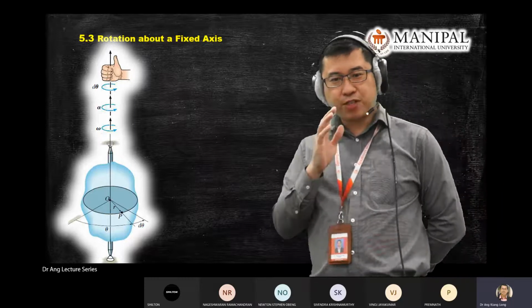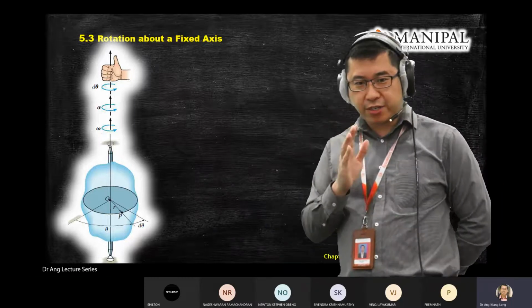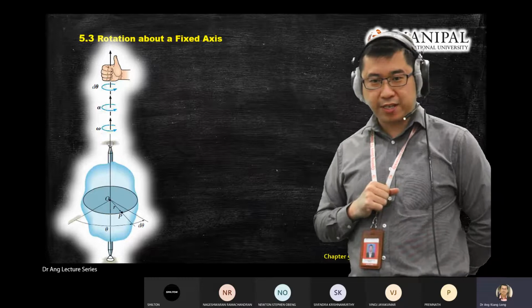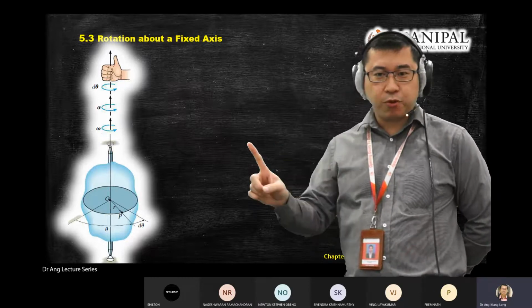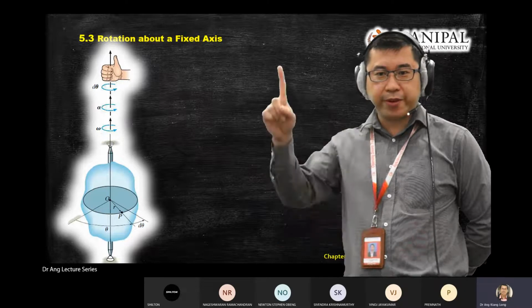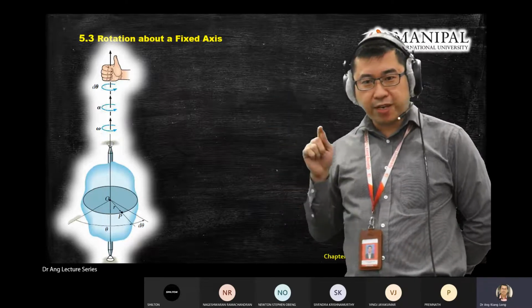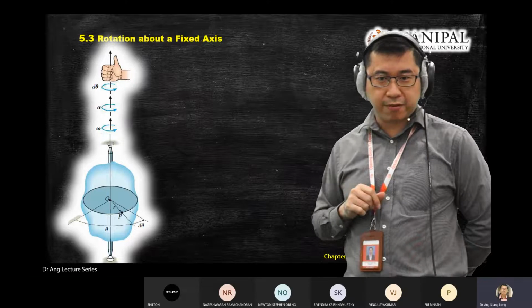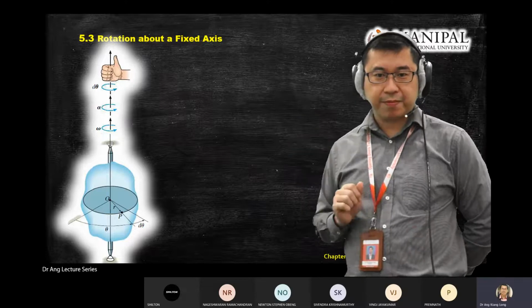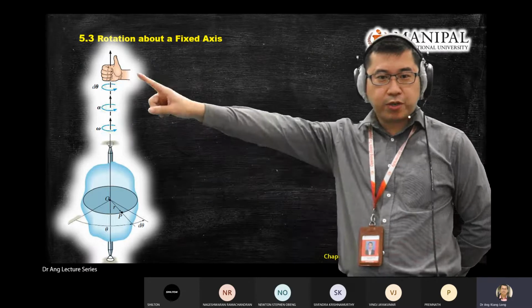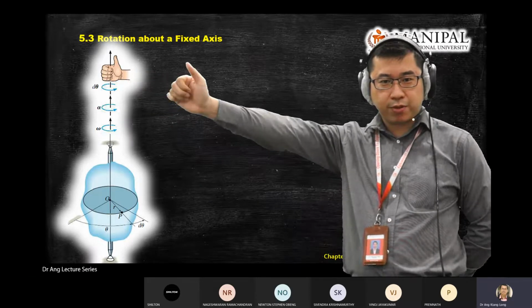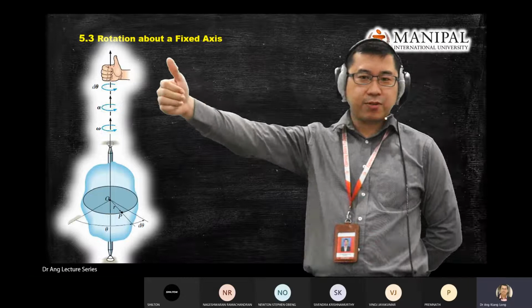So we must fix one general direction for our rotation. Same as what you define for X and Y direction. Moving to the right, always positive. Moving up, positive. And moving along the Z axis, always positive. That is translation. When it comes to rotation, we will use your right hand rule. Okay, use your right hand rule.